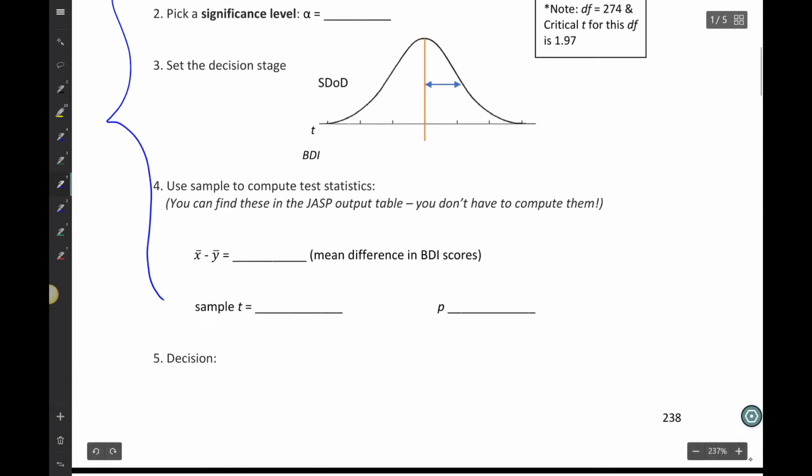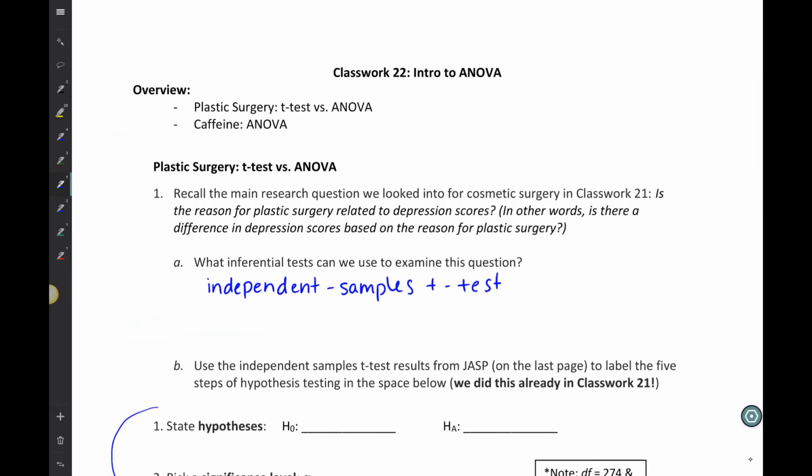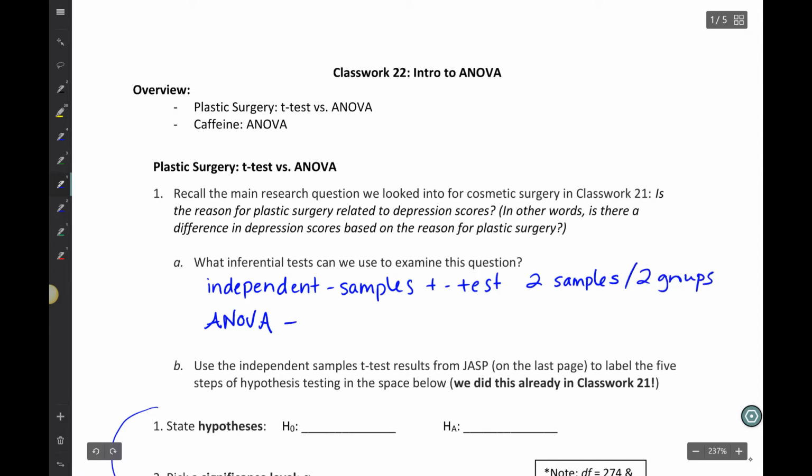So ANOVA, or analysis of variance. So the difference here is with t-tests, we can only do a max of 2 samples to compare, or 2 groups. With ANOVA, this works for 2 or more samples or groups.